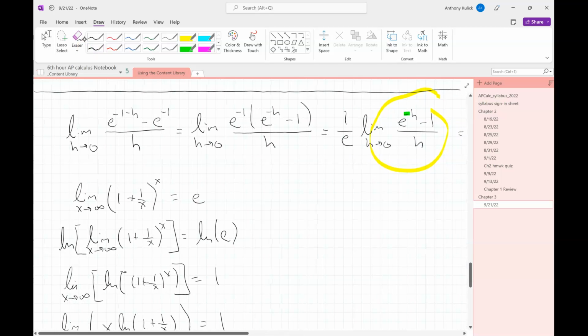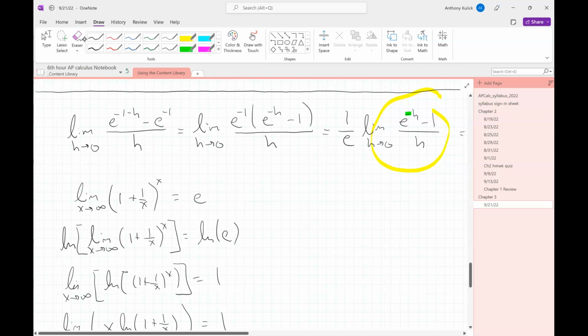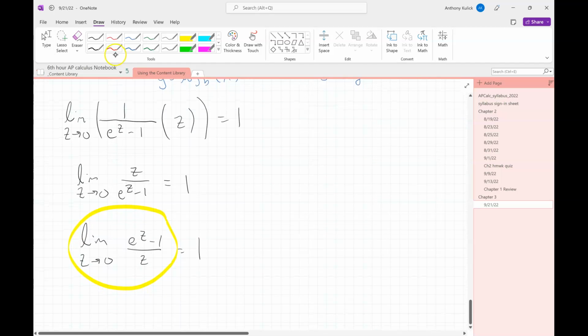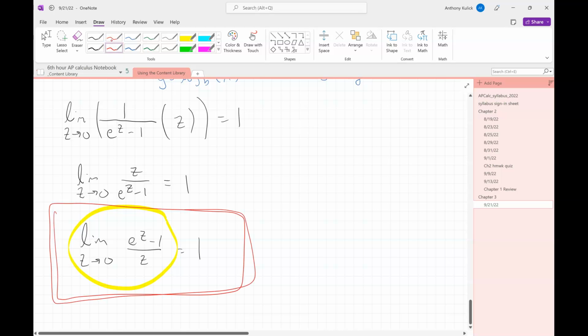This identity here that we just developed, I've seen pop up as being useful on the AP exam on more than one occasion. That might be one to just make a note of. I don't think they'd ask you to come up with it yourself, but it might be useful in doing a limit problem with no calculator, to remember this identity.